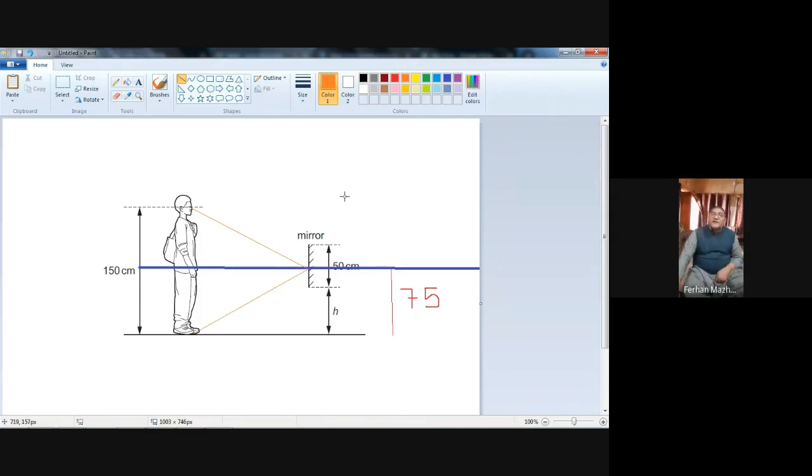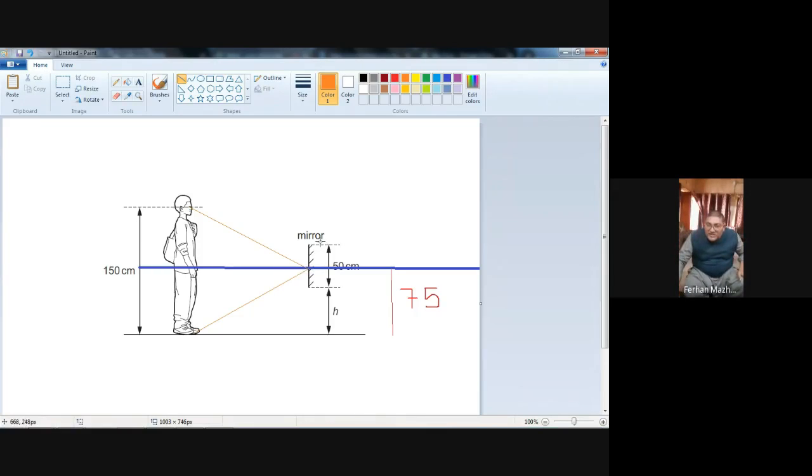Okay. Now, this mirror here, if you move this mirror down, down, down, down, if the top corner of the mirror is present at this point, the boy will be able to see his shoes.